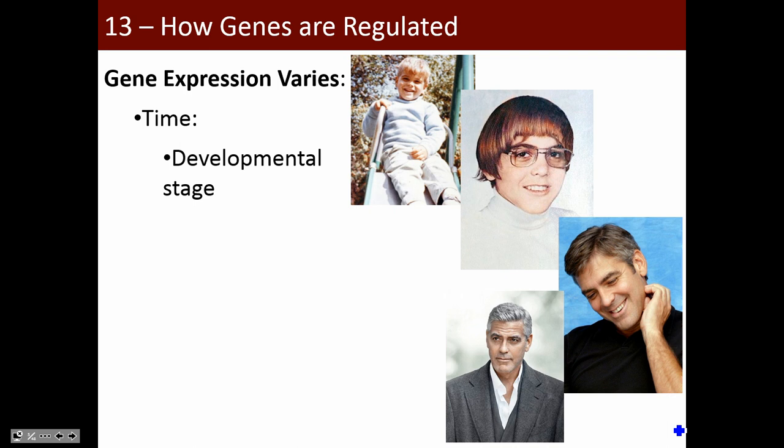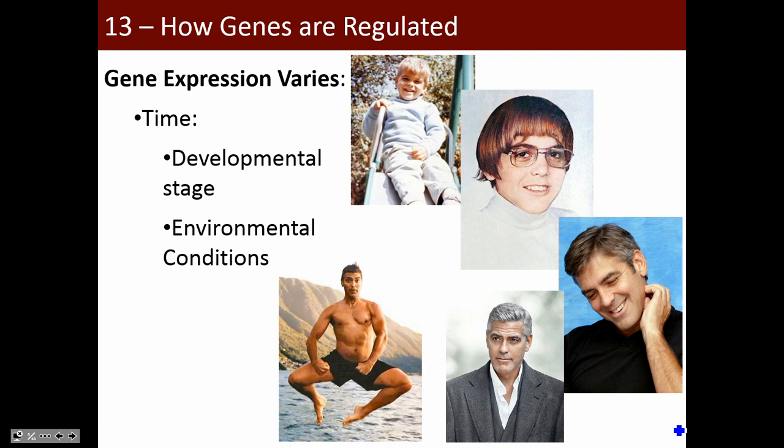Okay, so as you go through this lifetime developmental process, the genes that you need at any moment in time are going to be turned on relative to what's happening in your development. Okay, that's one aspect of time. The other aspect of time is we talked about how genes interact with the environment, right? So George goes to the beach and gets a little too much sun, and his body has to deal with that environmental stimulus. I kind of think this is actually a spray-on tan because it's really orange.